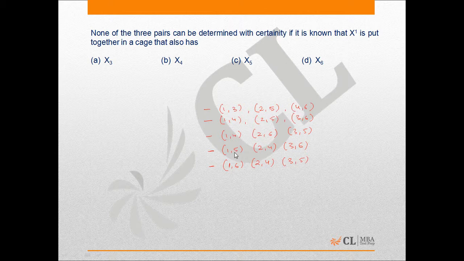Similarly with bird number 5, again there is only one case, so I can determine the birds in the other 2 cages uniquely. Similarly with bird number 6. So if I put bird number 1 with bird number 4, in that case, since we have 2 cases here, the birds in other 2 cages cannot be uniquely determined.